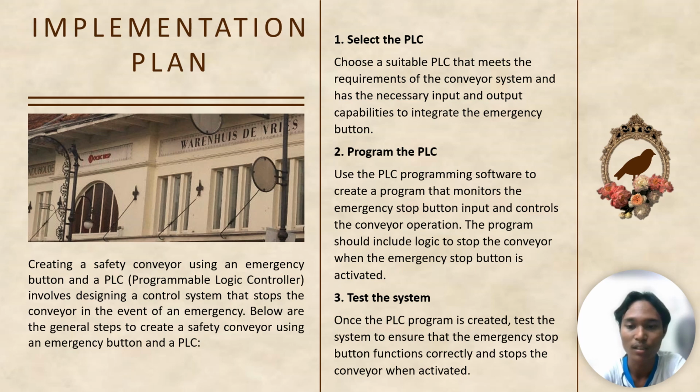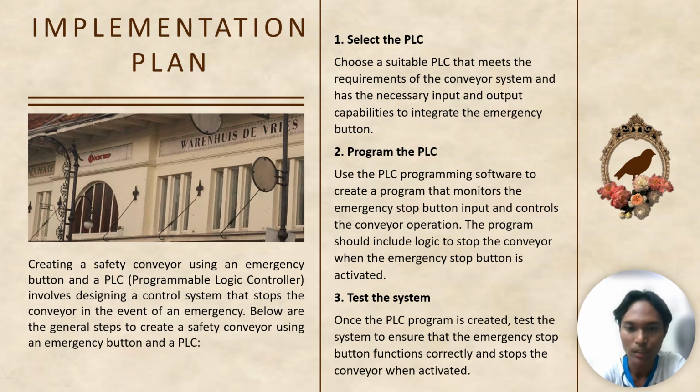First, select the PLC. Choose a stable PLC that meets the requirements of the conveyor system and has the necessary input and output capabilities to integrate the emergency button. Second, program the PLC. Use the PLC programming software to create a program that monitors the emergency stop button input and controls the conveyor operation.